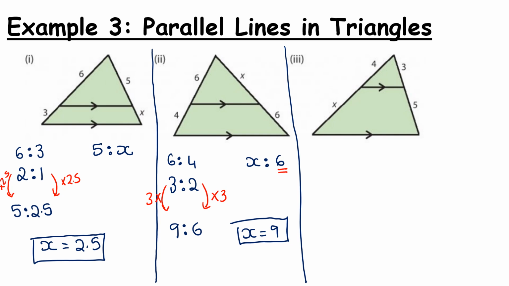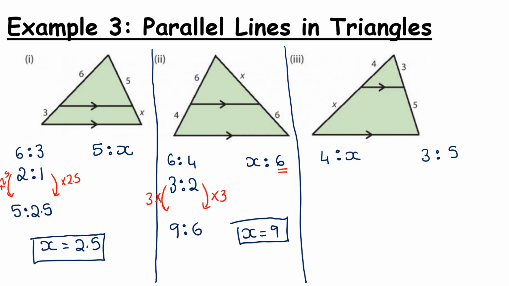So let's take a look at this last part. Here I have 3:5 is the same as 4:x. It's quite tricky to get from 3 to 4. So in a case like this, we're going to make a fraction. A ratio comes from that word rational, which is another way to say a fraction.